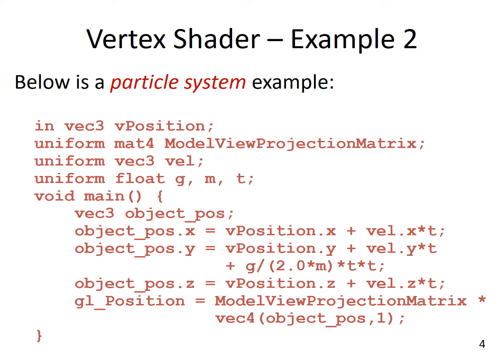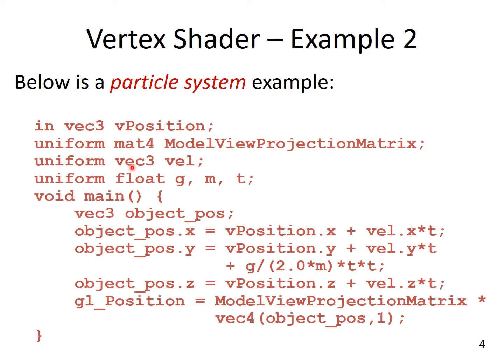Here is another example where we have a little bit more complex vertex shader program. It's a particle system and we have multiple uniform variables defined. Some of them are mat4, which is a 4x4 matrix, and it's basically a model view projection matrix.